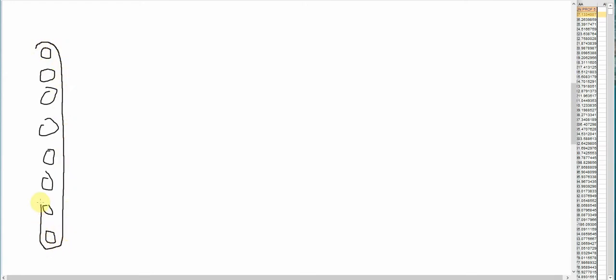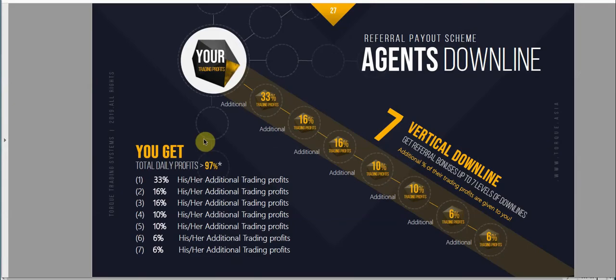That effectively is one leg. So this is your number one leg, and that reflects this setup here in the business plan. On your first account, you're going to earn 33% of your second account, 16% of your third account, 16% of your fourth, and so on, which we've explained in the previous videos. And once you open up your second account, you'll then be earning 33% of this one, 16, 16, 10, 10.